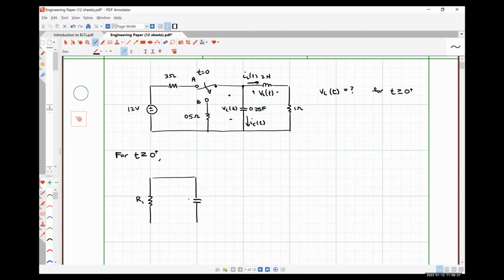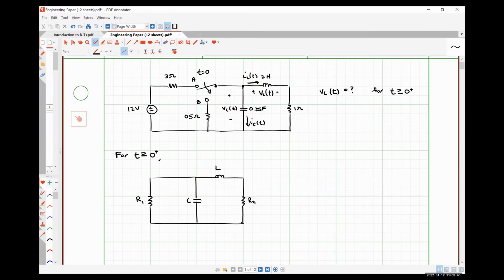Our capacitor will be C. Our inductor will be L. And our 1 ohm resistor over here will be R2.